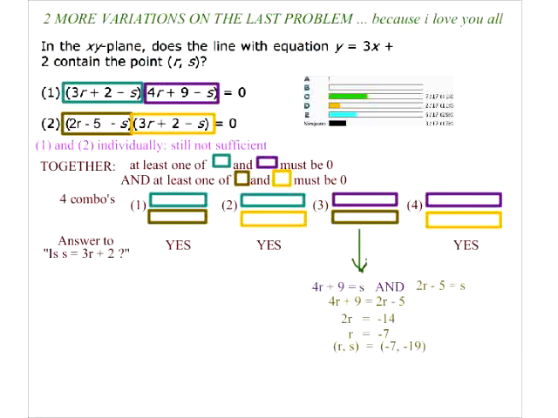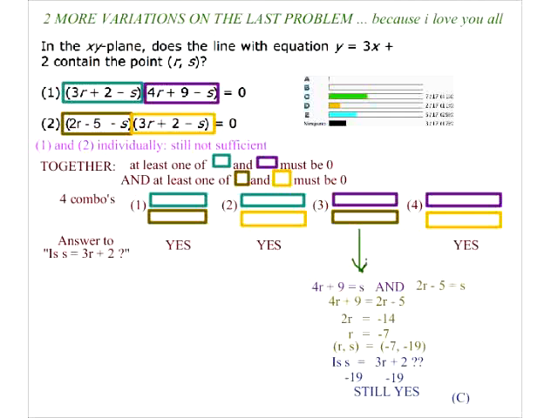Well, let's plug in and find out. S is negative 19, and 3R plus 2 is also negative 19. So that looks like it works. So this is still yes. So this answer is still C.